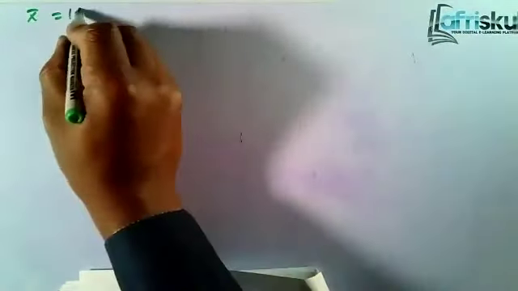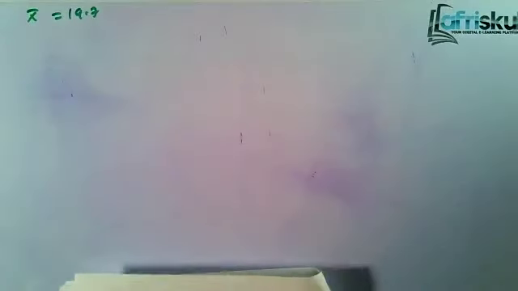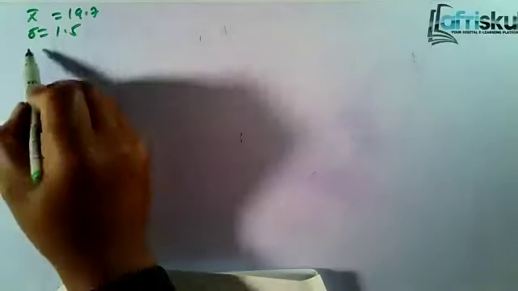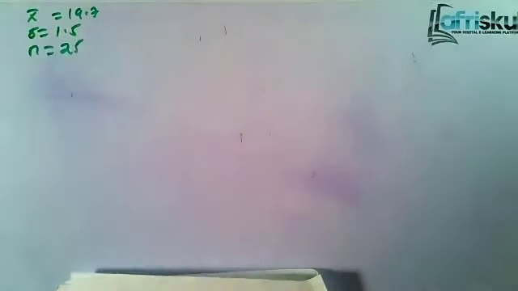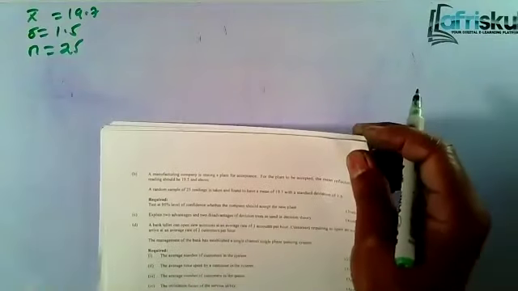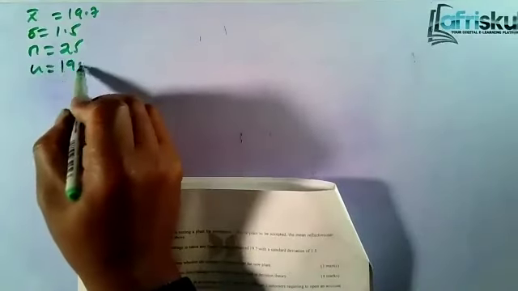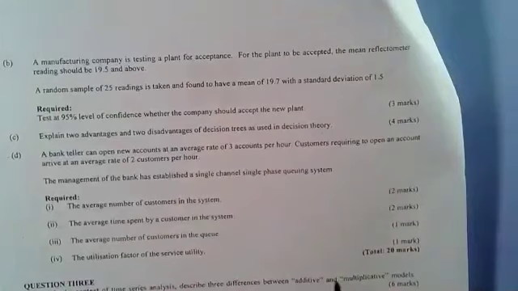So tumepewa hapo X bar, na tumeambiwa X bar, the mean is 19.7. And then standard deviation is 1.5. N ni 25. And then U ni 19.5 because tulikuwa tumeambiwa hapo, tuangalie hapa.